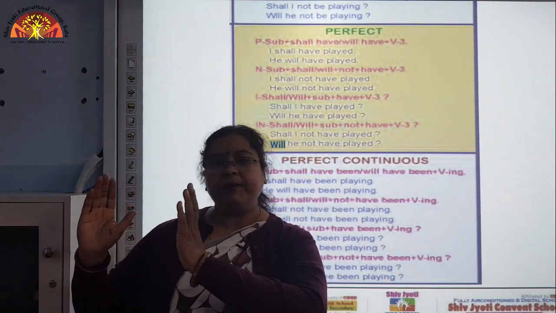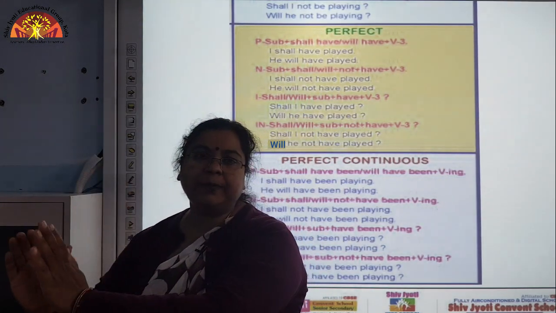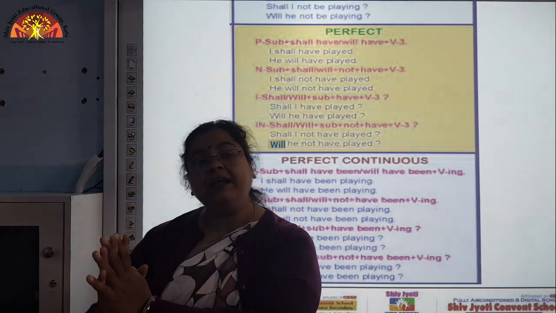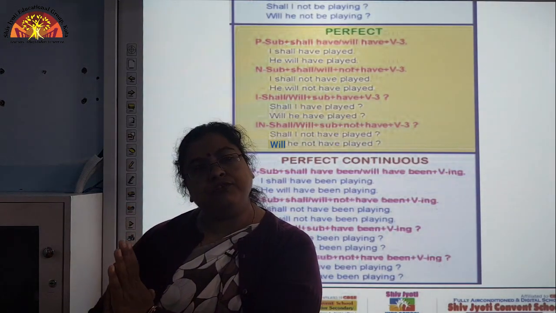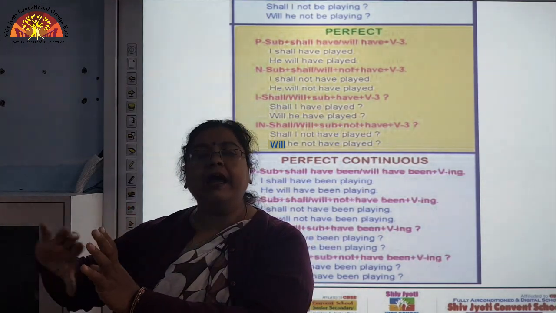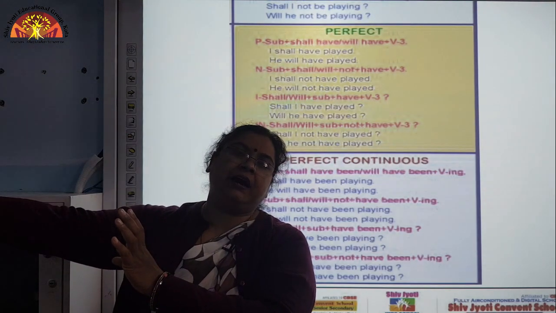So, the particular action will actually take place in future. It has been assumed like that it will take up in future, it will be continued for some point of time, and over there then it will be completed afterwards.